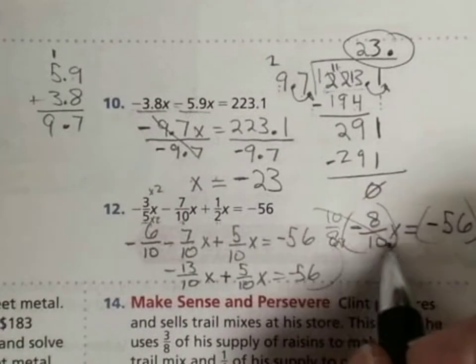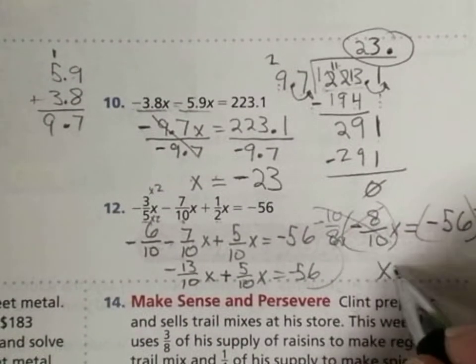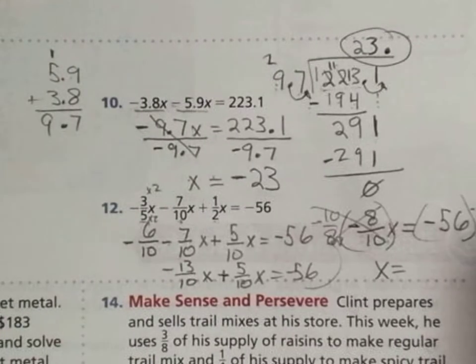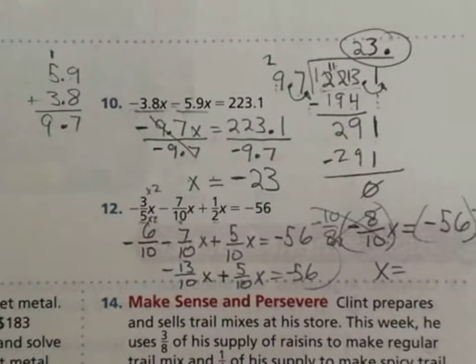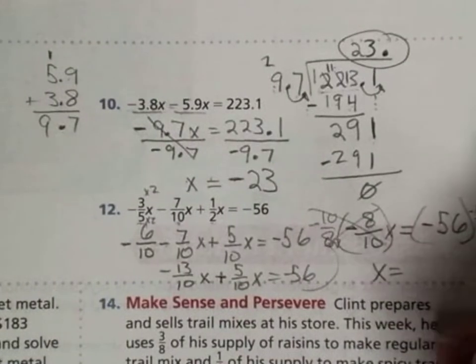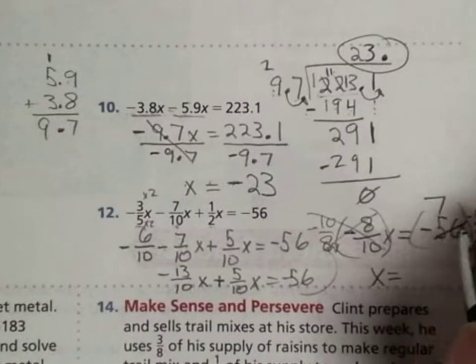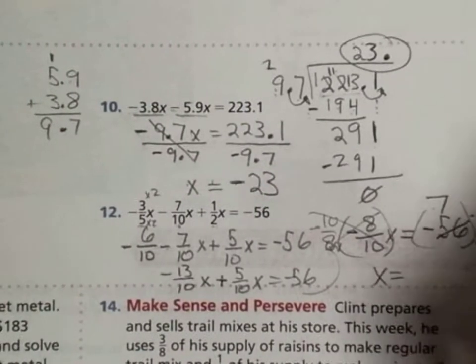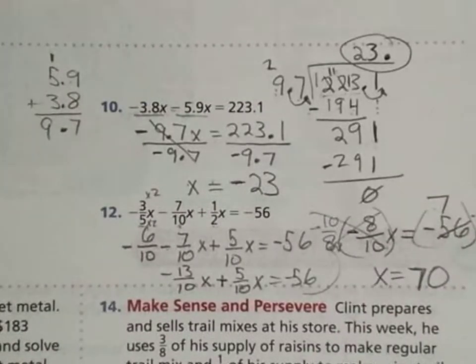Alright, so this will cancel. X equals, now, does 8 go into 56? That's a good question, right? And it just so happens it goes in 7 times. Right? 7. So then 7 times 10 is 70. So you have now x equals 70.